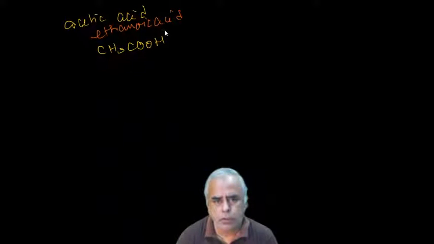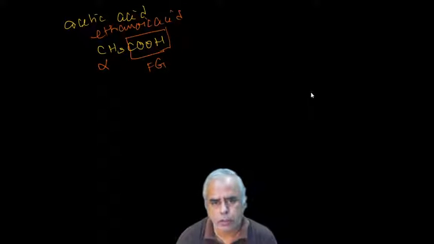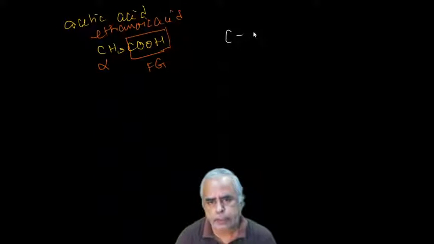Now this COOH group is called the functional group, and the carbon atom attached to the functional group is called the alpha carbon atom. Do you understand? For example, I have given here only one carbon atom. It may contain many carbon atoms also, like C, then COOH also.